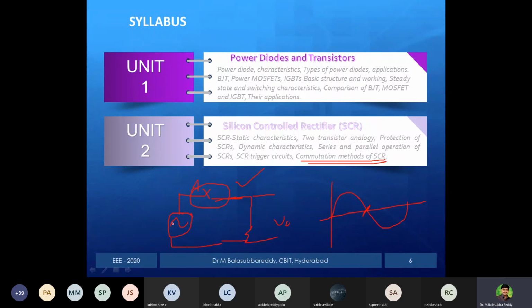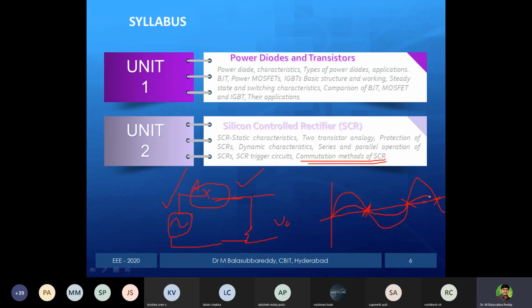But in this case, the input is AC. At every pi, 2 pi, 3 pi and so on, the current automatically becomes 0, because it is a resistive load, so voltage and current are in phase.